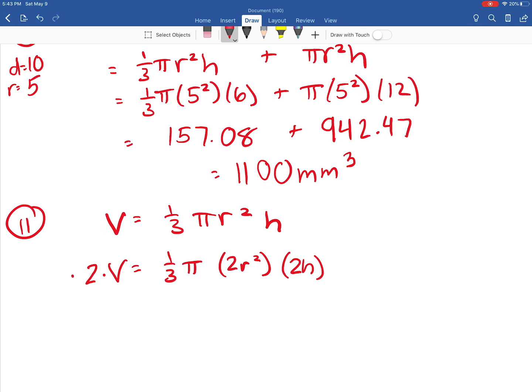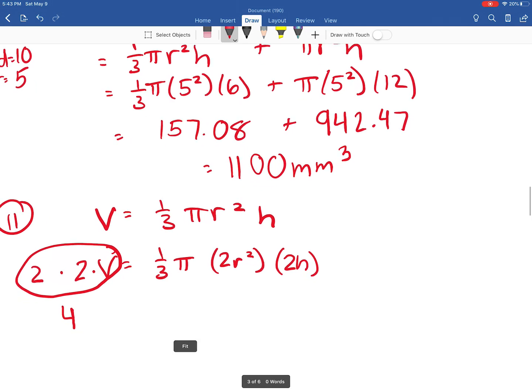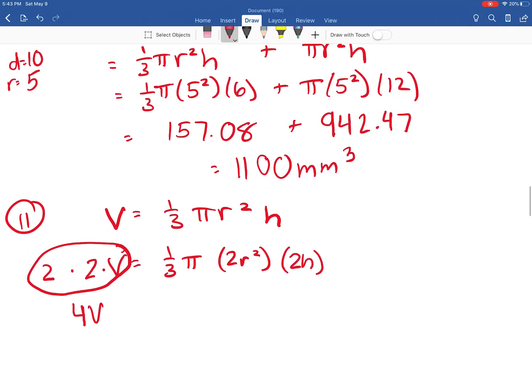Then I would do h times 2, which means I have to multiply by 2 on this side. So what happened to the volume? Well, 2 times 2 is 4 times v. Okay, but we didn't take into account that this 2 is going to be squared. So we made a little bit of a mistake here.